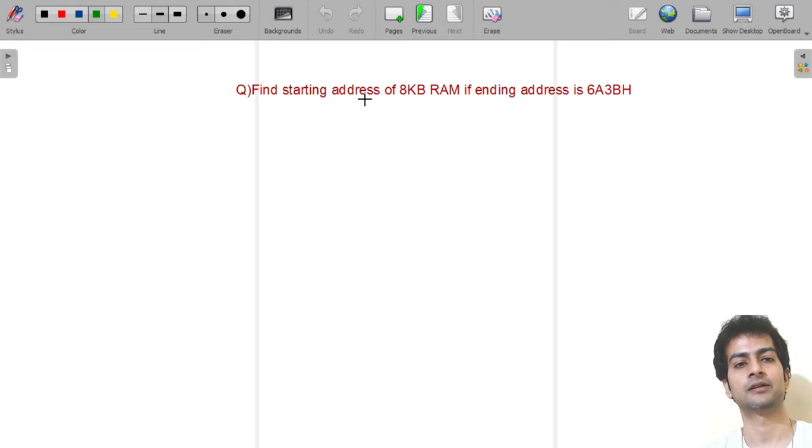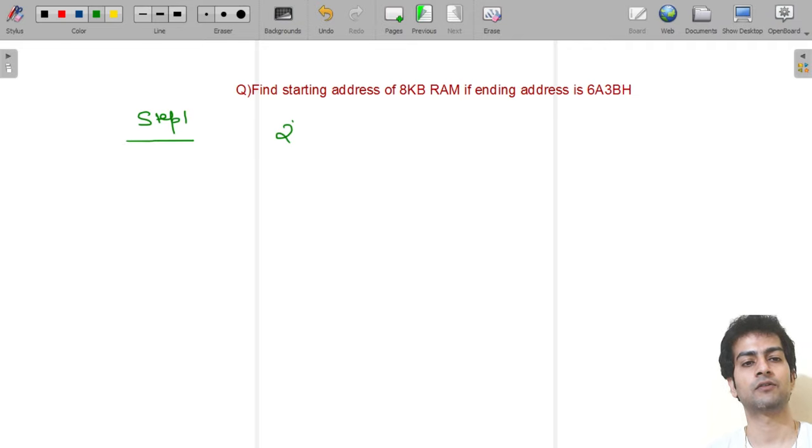Find the starting address. See here the capacity is given as 4 KB, and the ending address is given. We have to find the starting address. So first we will find the number of address lines. Here we get 2 to the power n equals 2 to the power 2 into 2 to the power 10 bytes, so n is equal to 13.